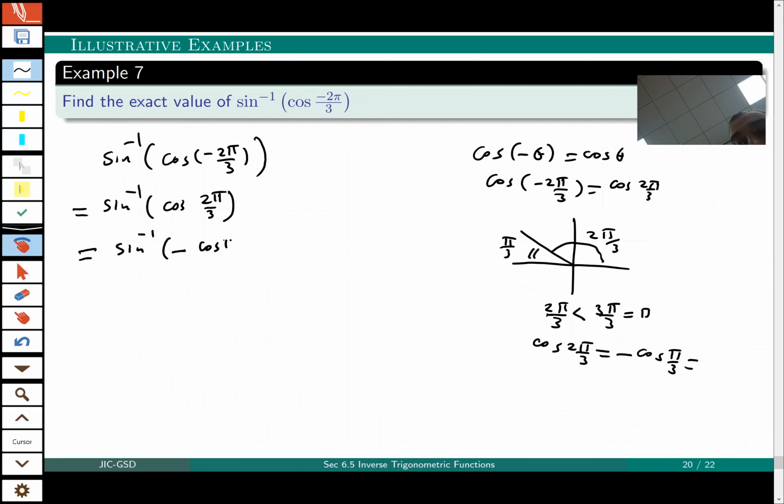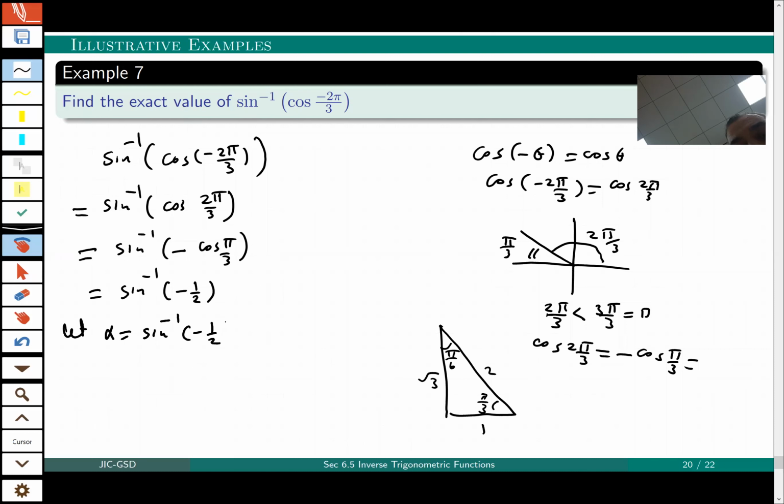Now, let alpha be equal to sine inverse of minus 1/2, and that will mean sine alpha is equal to minus 1/2. Regarding the minus sign, alpha must be in quadrant number 4. Remember, sine inverse is negative only in quadrant number 4, because we don't have quadrant number 3. So forget now about the minus sign.